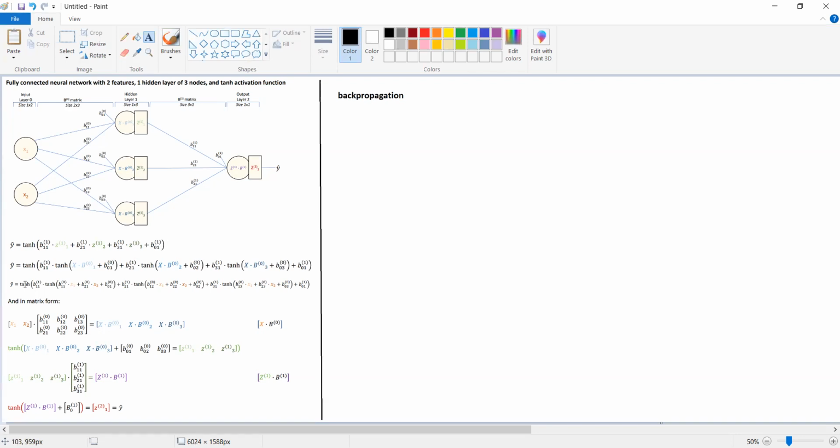So first we'll take it in regards to B11 of matrix 1, and then B11 of matrix 0, and so on, right? We can do that. Then we'll have the whole gradient, which is simply the vector of all our derivatives in regards to each parameter. Remember that the gradient is a nice way to do all the derivatives in one vector instead of going one by one. And then update. Correct?